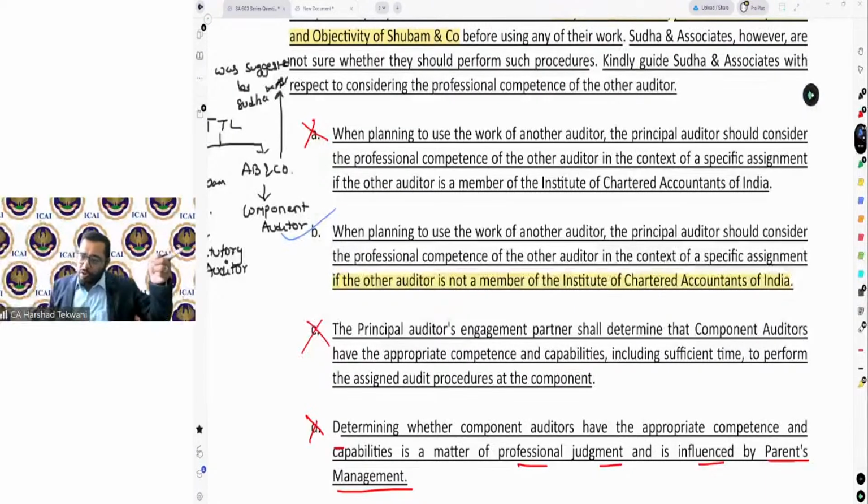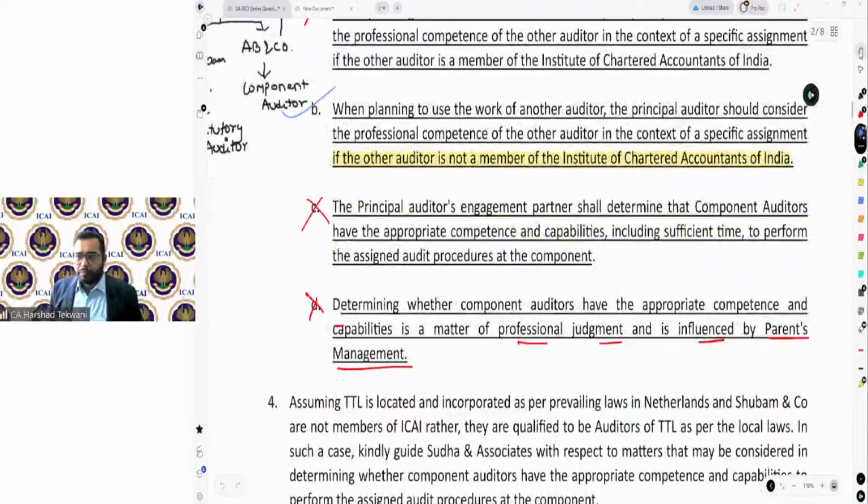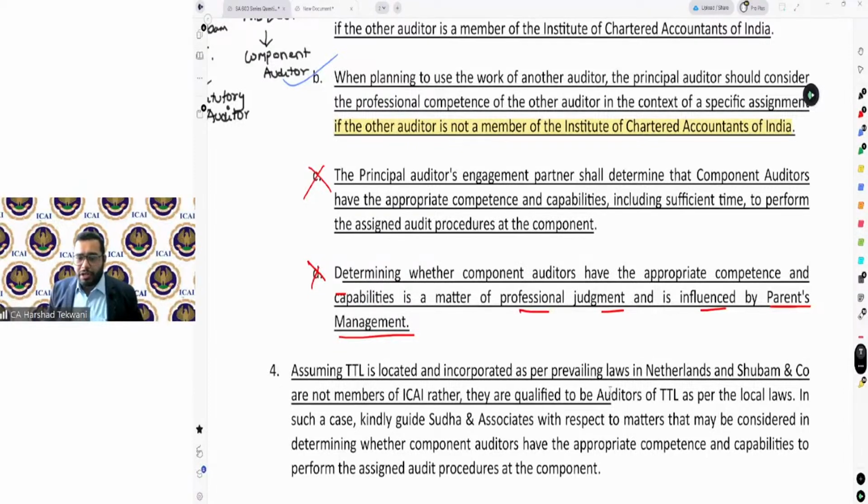So my next question is on this point only, considering the competency, capability and objectivity of the auditors. Let's assume that TTL is located and incorporated as per the prevailing laws in Netherlands, and Sugarman and Company are not members of ICAI, rather they are the qualified auditors.